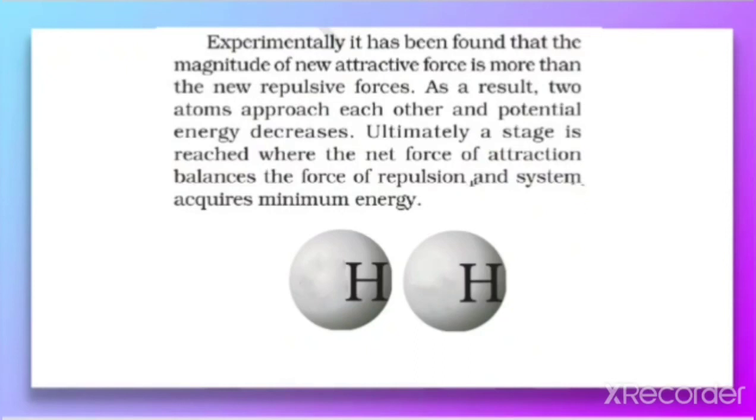As a result, the two atoms approach each other and their potential energy decreases. Ultimately a stage is reached where the net force of attraction balances the force of repulsion and the system acquires minimum energy. So this theory explains why the system acquires minimum energy.